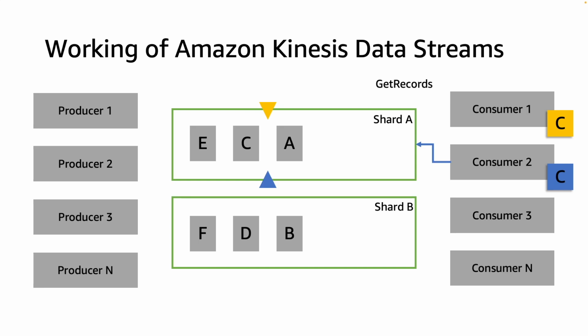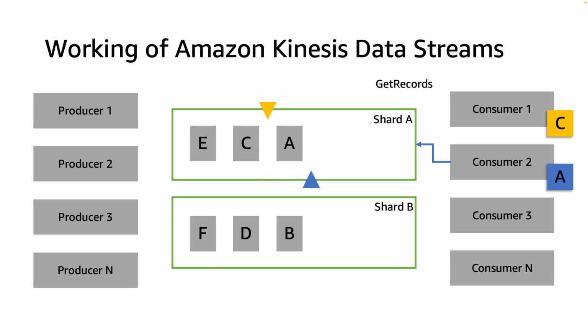In the queue, 2 consumers cannot read the same message at the same time because of the visibility timeout. But in this case, consumer 2 can read the same message because the messages are not hidden from the consumers. As long as they are available in the stream and within the data retention period for that particular stream or shard, the message will be available to all the consumers to consume.